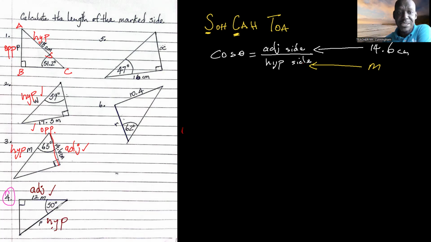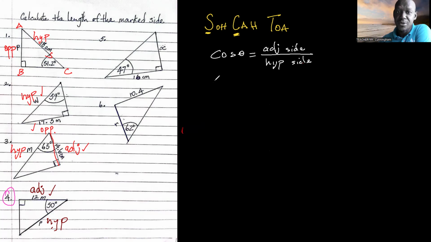Which rule has adjacent and hypotenuse? Look at the SOHCAHTOA. Yes, Destiny, it's cos. So we write cos theta is equal to adjacent side over the hypotenuse side.